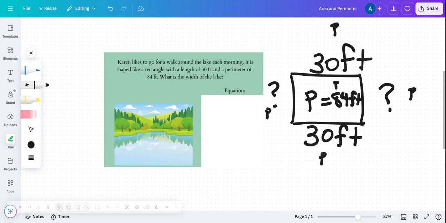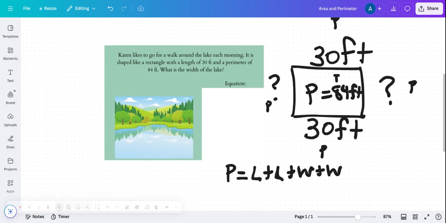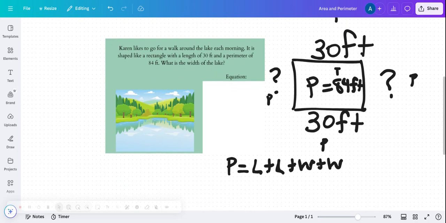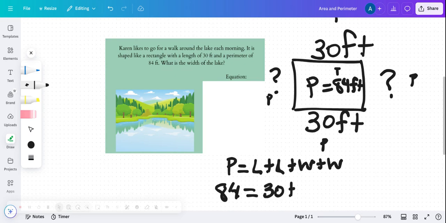Now whenever I'm setting up my equation, think of this like a puzzle. I remember my equation is P equals L plus L plus W plus W. I want to fill in what I know. I know that the perimeter is 84, and that's the same as 30 plus 30 plus W plus W, because those W's are missing.